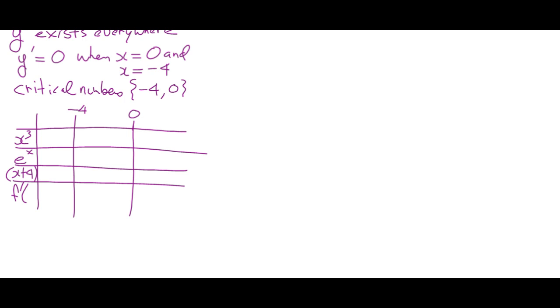Taking these and using a sign analysis, we will get the sign of the derivative, which will then translate into the direction of, or the intervals of increase or decrease, right? All right, so x cubed.